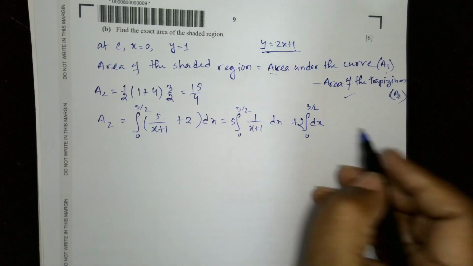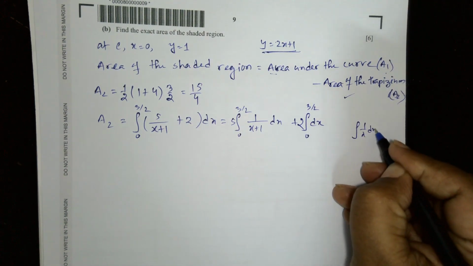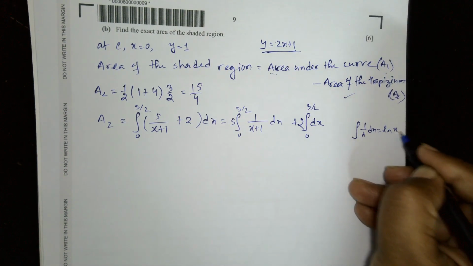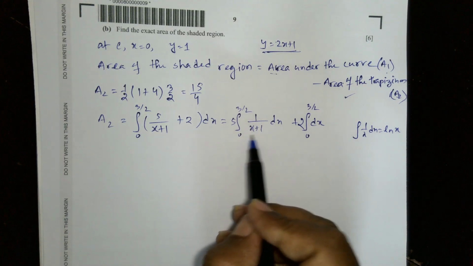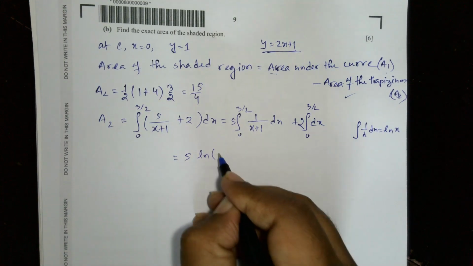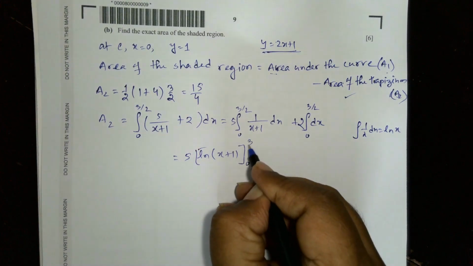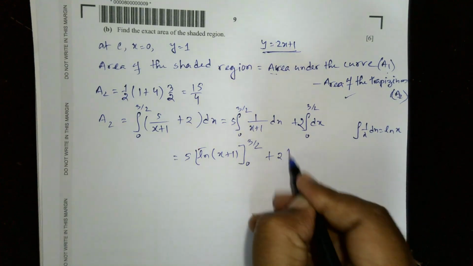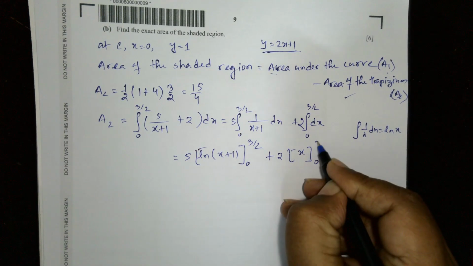The integration of 1 over x dx is ln x. So here again we will have 1 over (x plus 1), so we get 5 ln(x plus 1), with the limit from 0 to 3 over 2, plus 2 times the integral of dx, which is x, from 0 to 3 over 2.